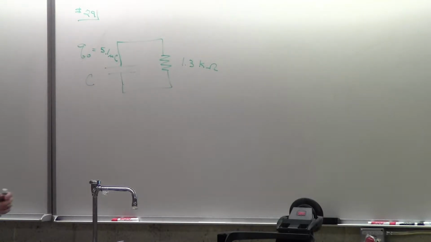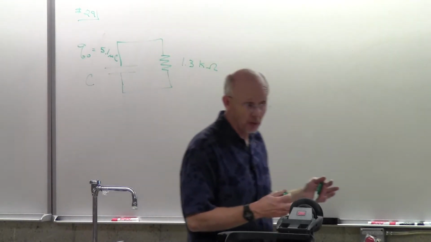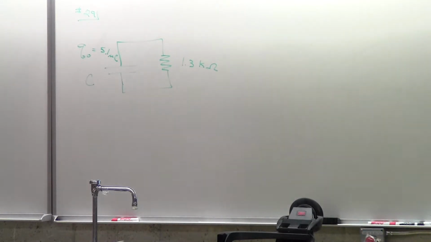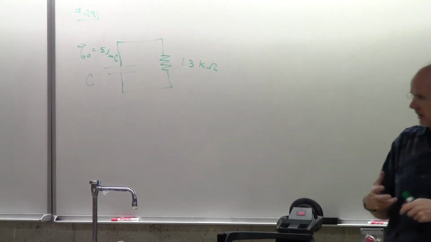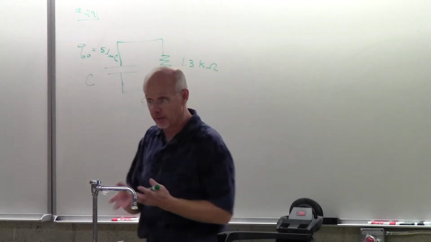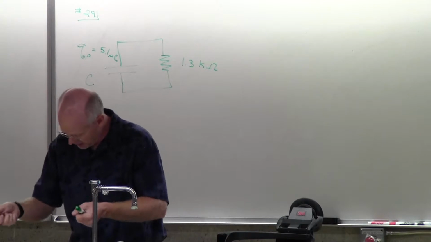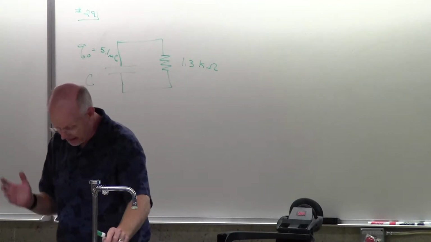Maybe we are disassembling something and want to repair it, and this capacitor has a lot of stored energy in it, so we want to make sure the energy's gone before we start handling it and shock ourselves. So we're going to hook up a couple of connectors with this resistor and discharge it.